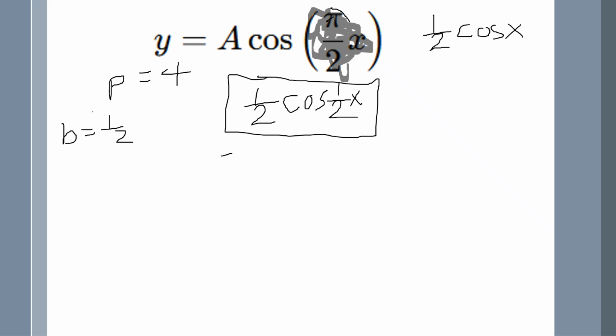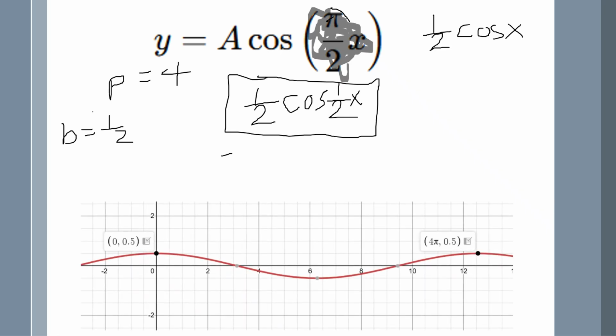And then when you put that problem in decimals to check your work, this is what happens. So our amplitude is 1/2.